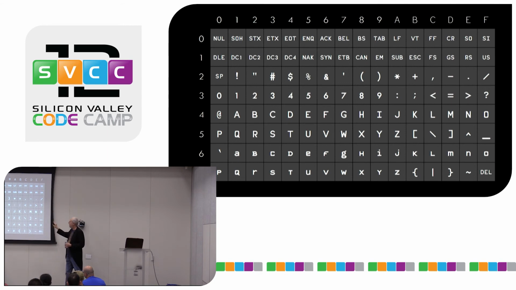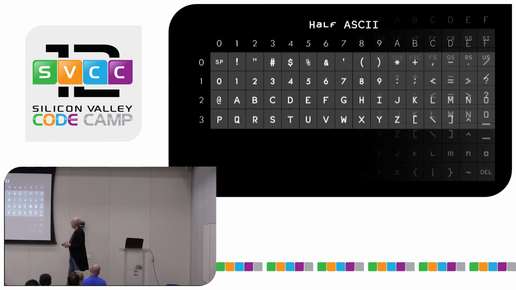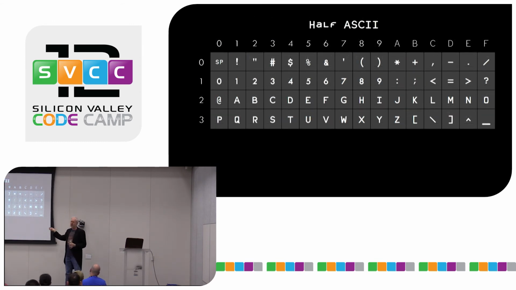And so if you adopted some form of these codes in your system, you could save a little bit of memory in translation. So there were a lot of systems who used what I called half ASCII. It's a 64-bit character set where you just take the ASCII code, subtract 32 from it, and you get a nice character code.